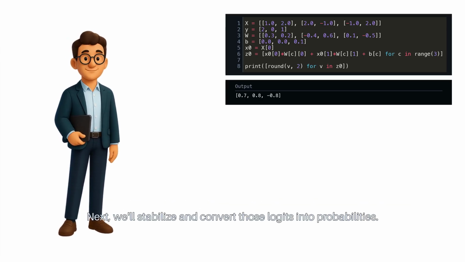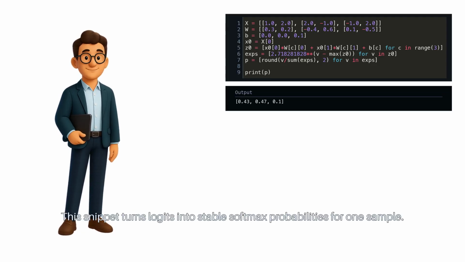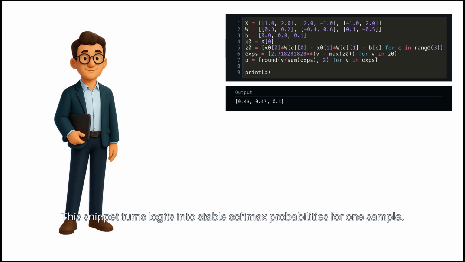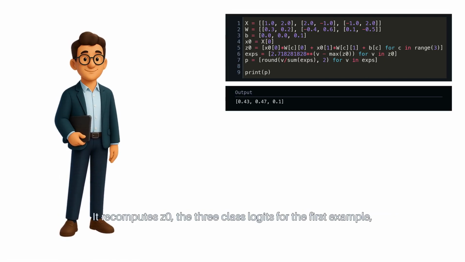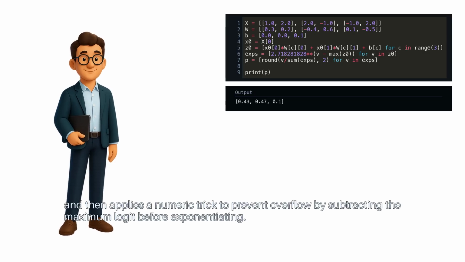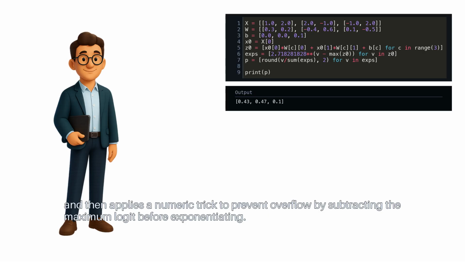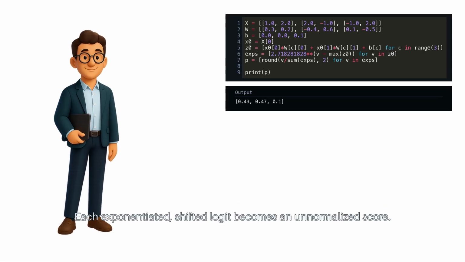Next, we'll stabilize and convert those logits into probabilities. This snippet turns logits into stable Softmax probabilities for one sample. It recomputes Z0, the 3 class logits for the first example, and then applies a numeric trick to prevent overflow by subtracting the maximum logit before exponentiating. Each exponentiated, shifted logit becomes an unnormalized score.